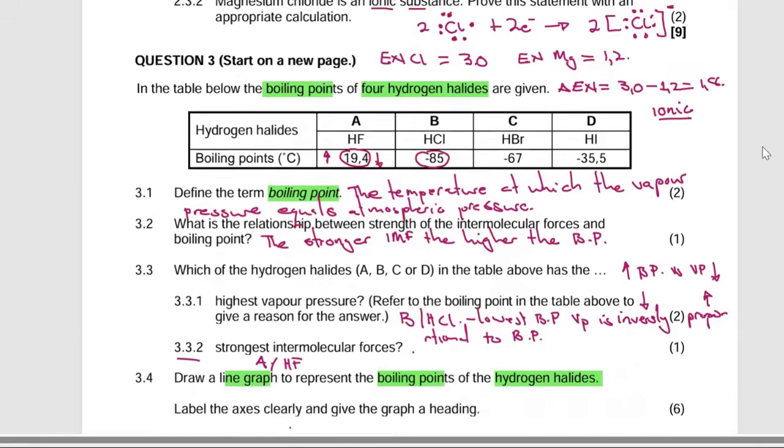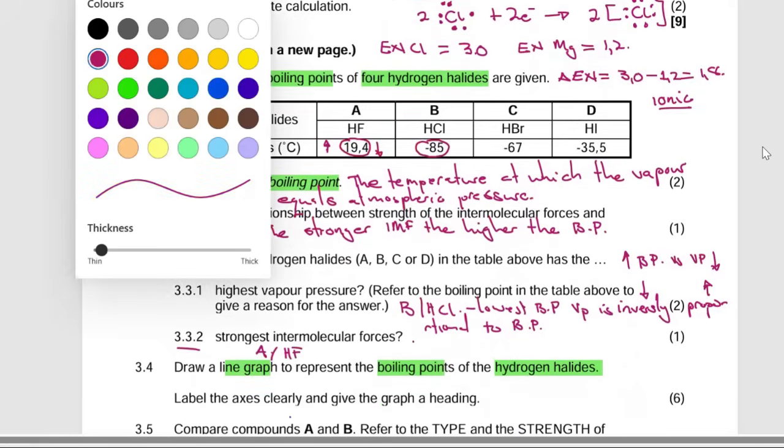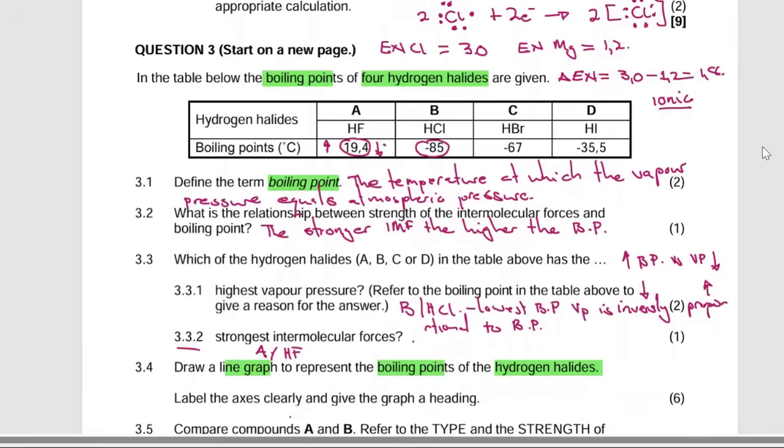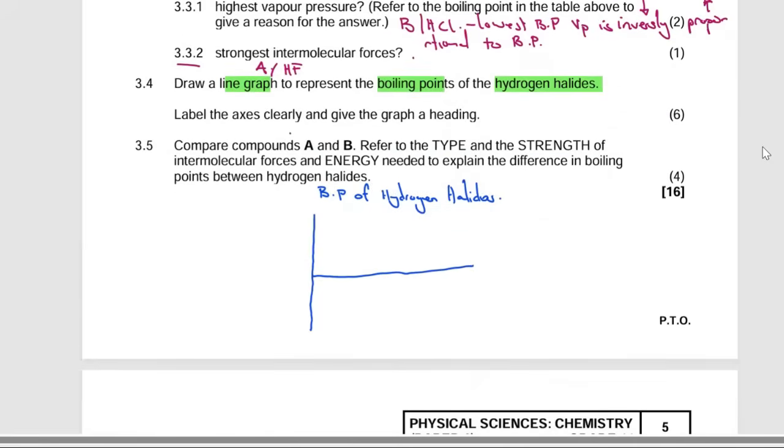According to our analysis, the maximum value is 19, which is more positive, and the most negative is going to be 85. So I can use a scale of 0, going upwards as positive, then going downwards from the origin as negative.